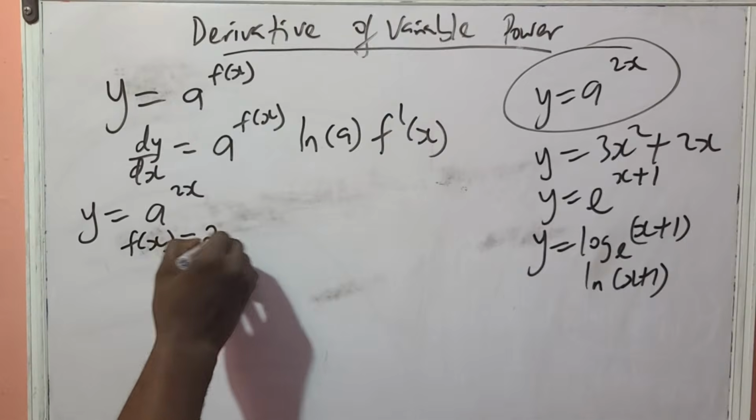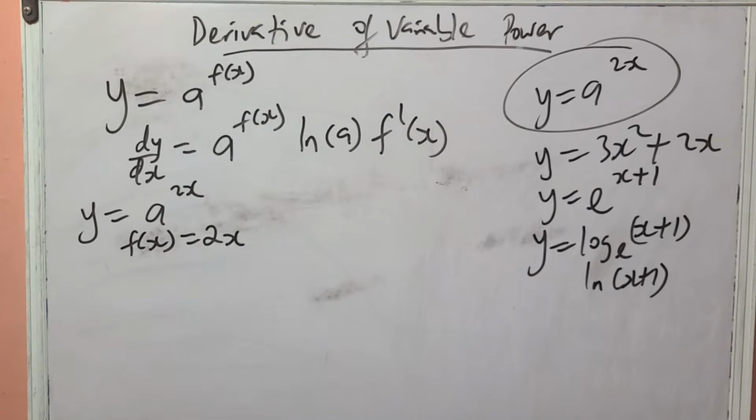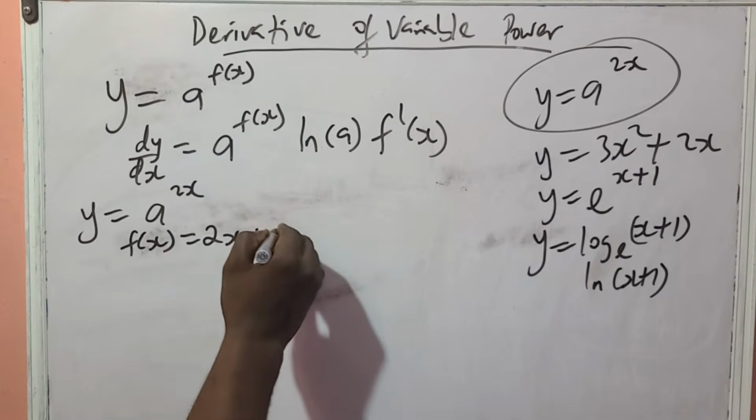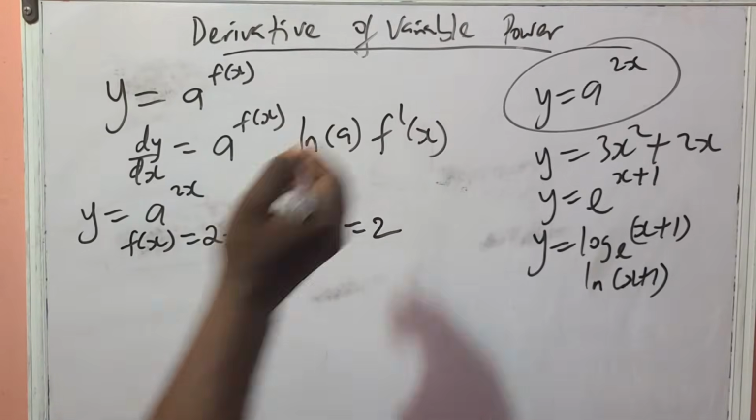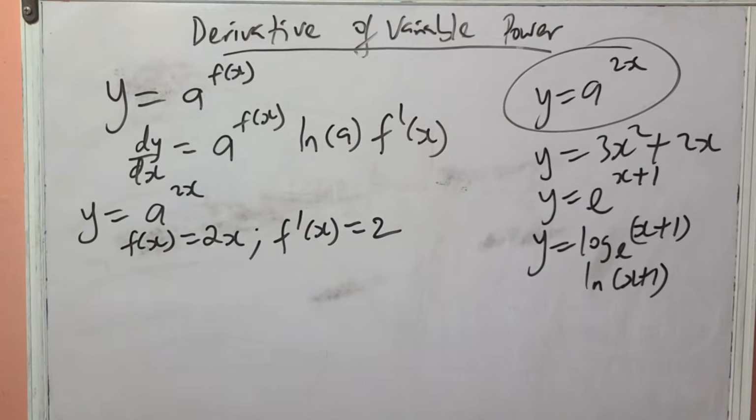Your f(x) here is 2x. Now, you can go on to find the derivative of that f(x), which will be what? If you differentiate f(x) here, you'll be getting 2.